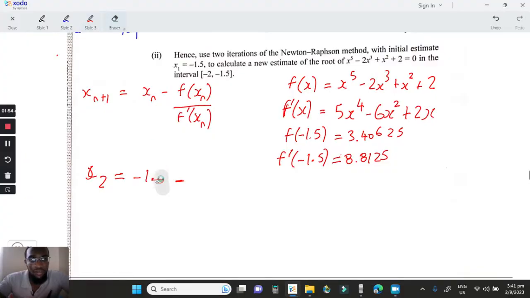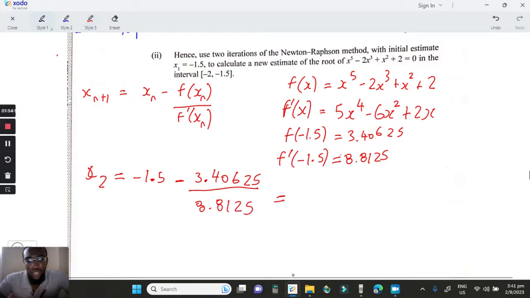Guys, I don't know, the computer sometimes does this. So minus 3.40625 over 8.8125.